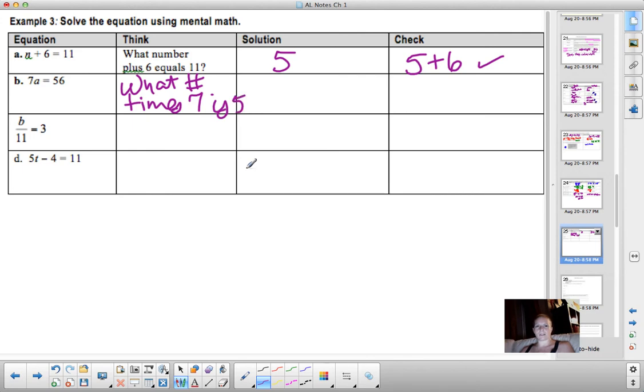What number times 7 is 56? So hopefully your math facts are getting really good. That's an 8. Mentally, 7 times 8 is 56. That's our check step. 7 times 8. Yep, that's 56. You could use a calculator to check that if you wanted to.